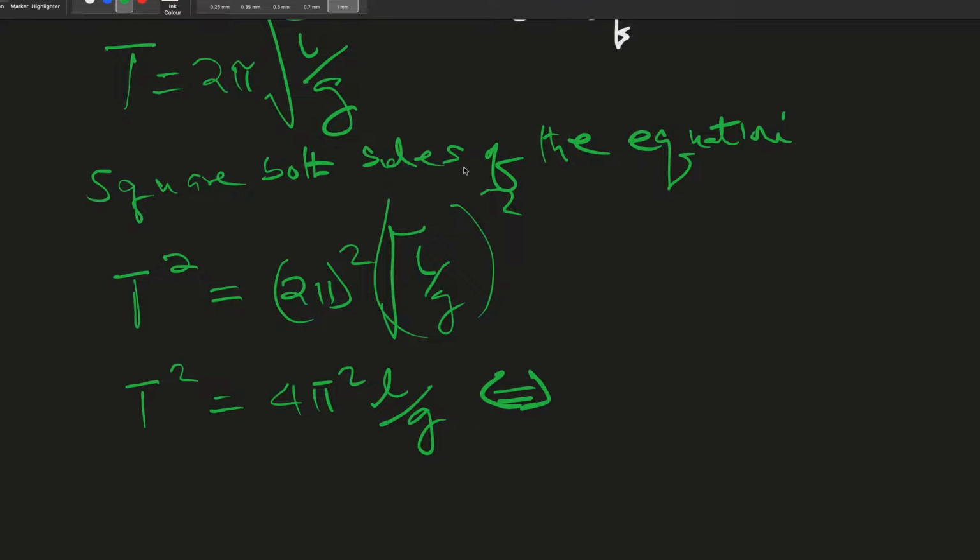Let's rewrite it well: T squared equals 4 pi squared L over G.